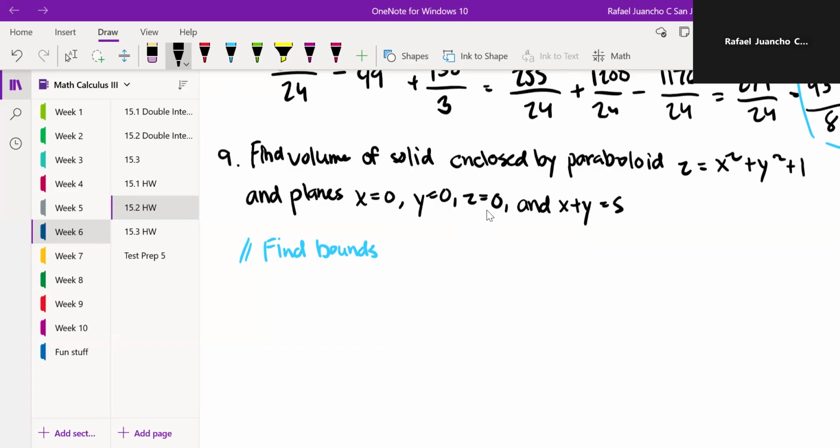If I plug in a 0 to z, I just get the same function. I have x plus y equals 5, which I can rewrite in terms of x or y, depending on how I want to go about the problem. But yeah, that's the idea. We always have to find an integral and then solve it.